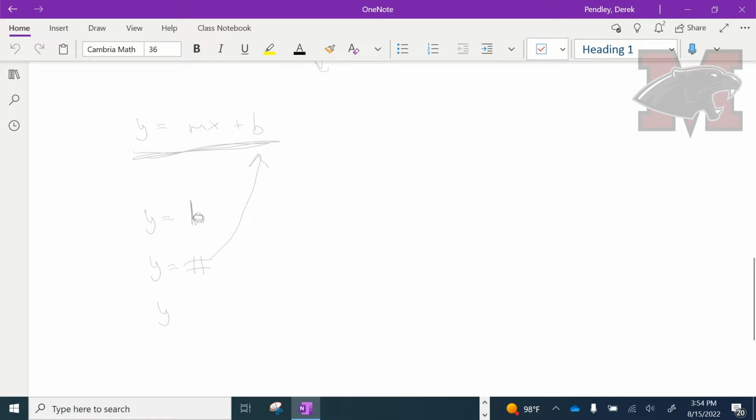Let's expand that out: 0x plus b, some number. Then we know the slope would be 0. So remember, the y gives us a horizontal line. So if we have y equal to some number, this is a horizontal line.